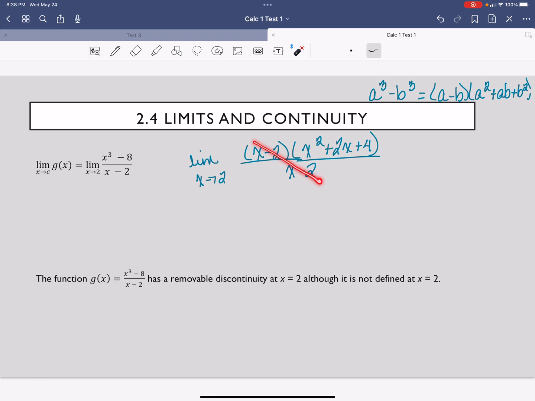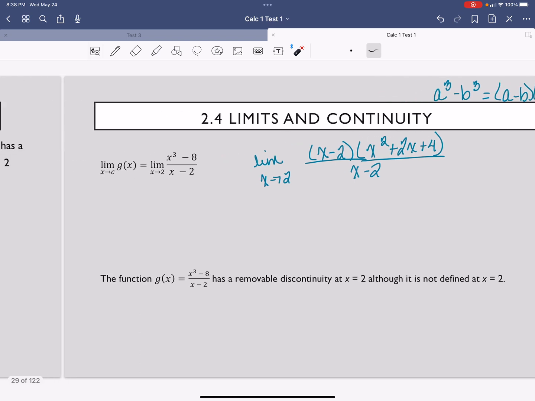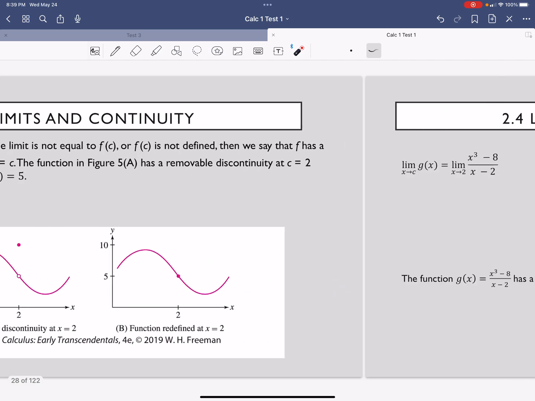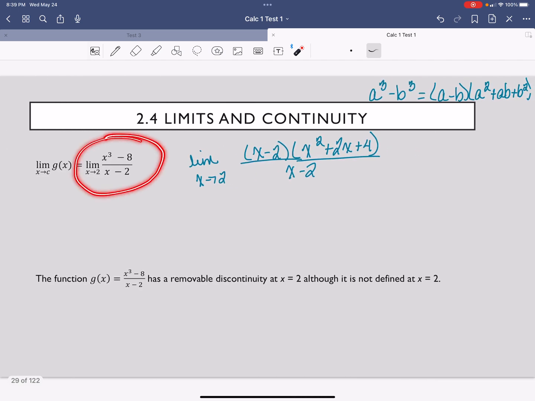When this happens algebraically, we end up in a situation that looks like this right here, and that's called a removable discontinuity. Because this is a rational expression and we cannot have 0 in the denominator, and when x equals 2 we get a 0 in the denominator right here, that is when we have a removable discontinuity.